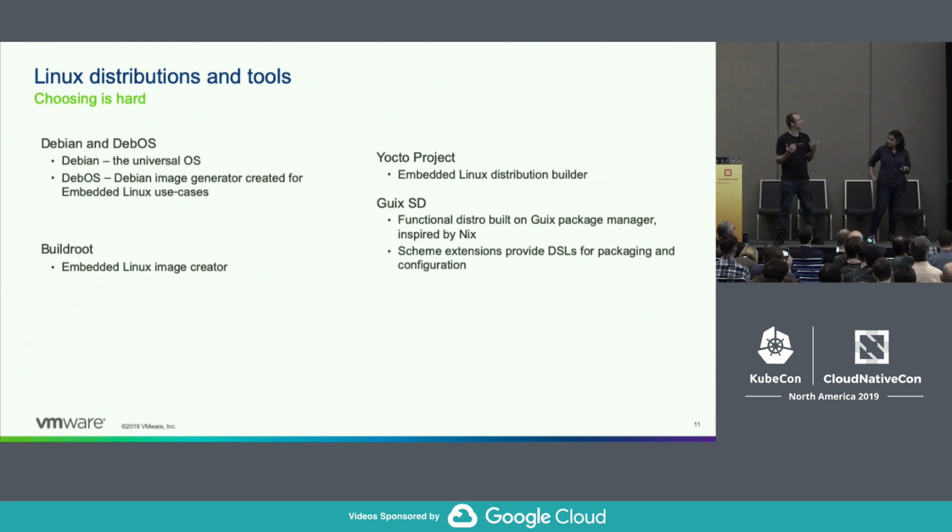And then we looked at some embedded tools, which is the world I come from. So we looked at Buildroot, which is an embedded image creator, designed for building Linux-based firmware, and it doesn't care about updating the software. It just assumes that you're going to replace the image when you need to create an update, which is somewhat similar to a container system. Whereas the Yocto project is the other end of the spectrum. It's a distribution builder.